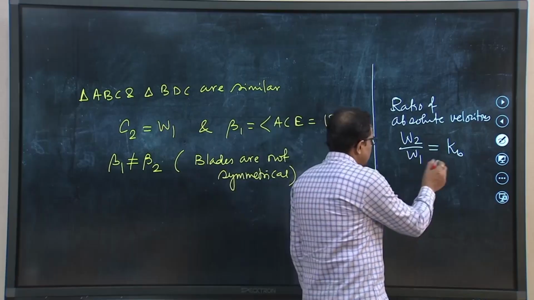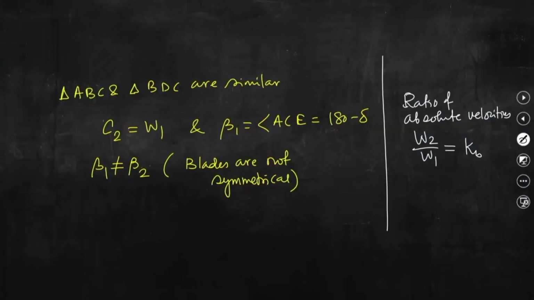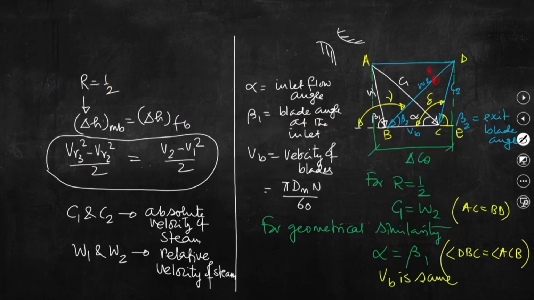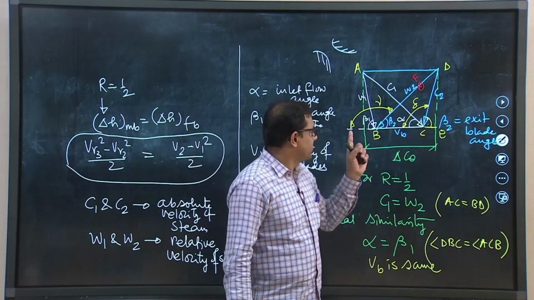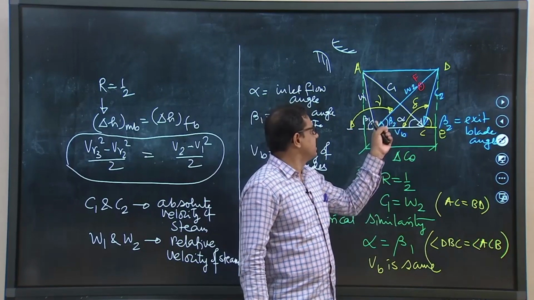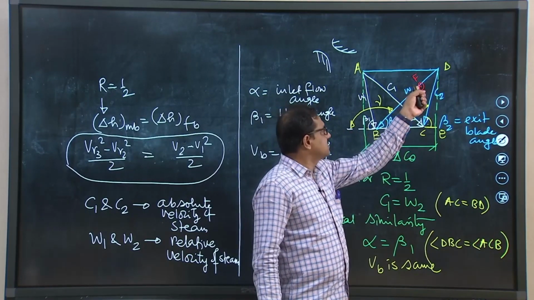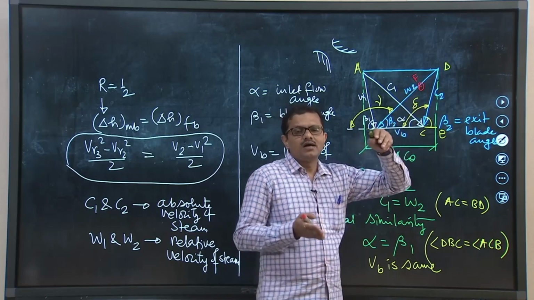So, this Kb is always less than 1, and now you can understand it is because of this W2 less than W1.